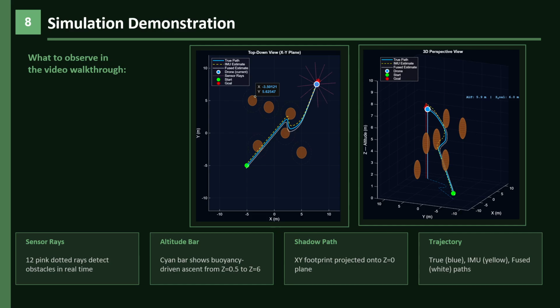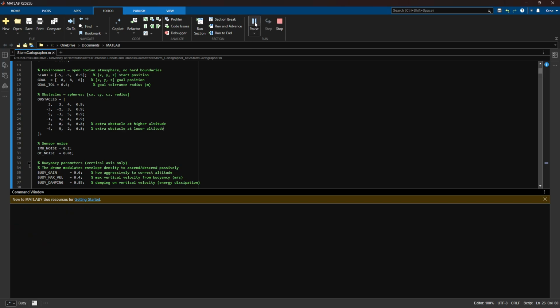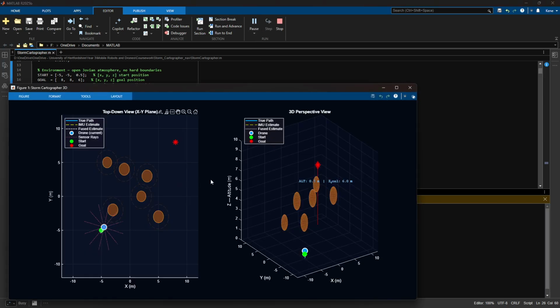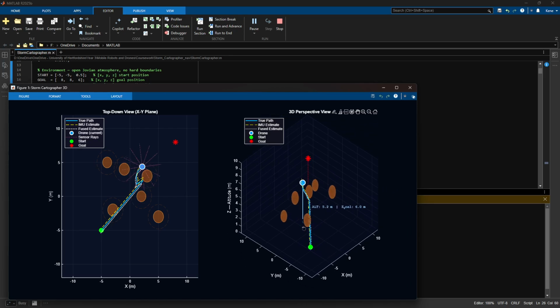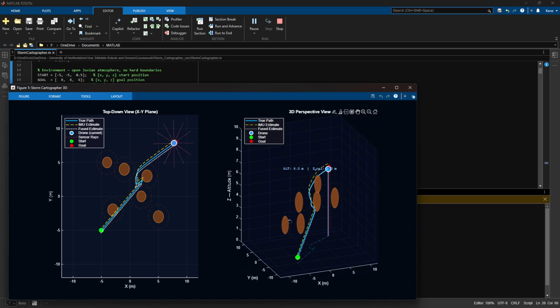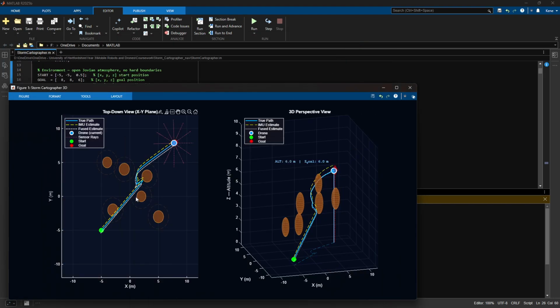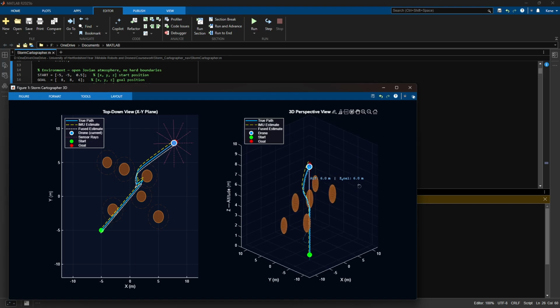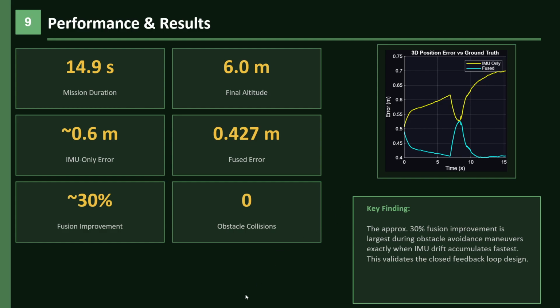So let's look at the simulation. On the left I have my top-down view, and on the right I have my 3D view. As you can see, it did avoid the obstacles. I was quite happy with the performance.